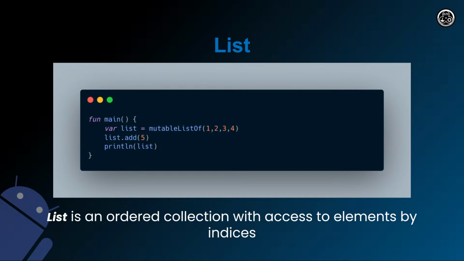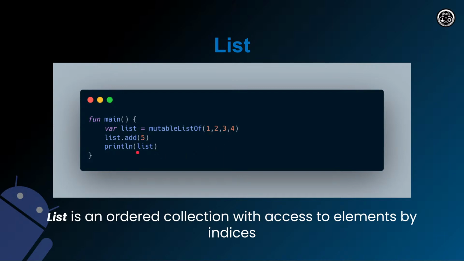In Kotlin, lists can be either mutable or immutable. For list creation, we use the standard library functions listOf for a read-only list, and mutableListOf for a mutable list, right? So here you can see that we have defined mutableListOf so that we are able to add 5 to that list.